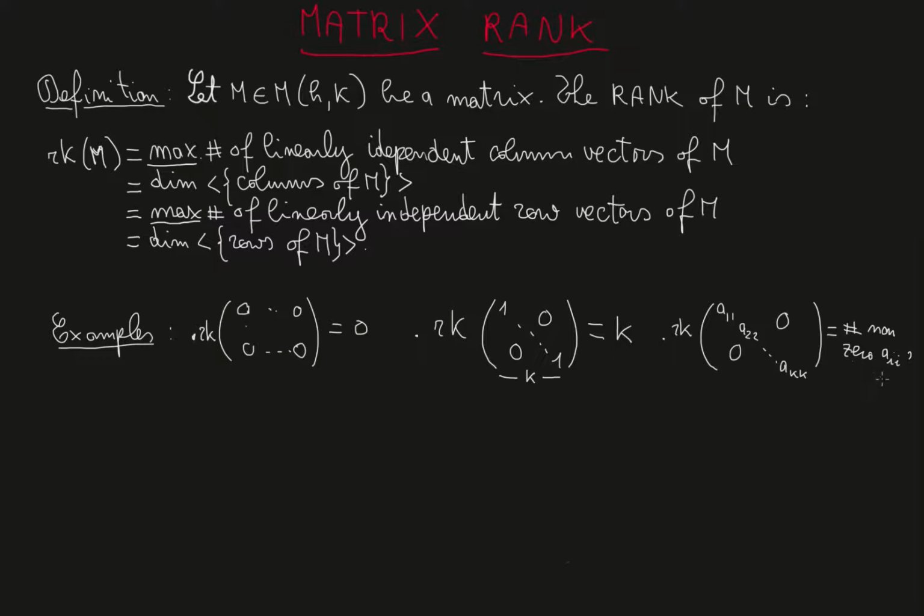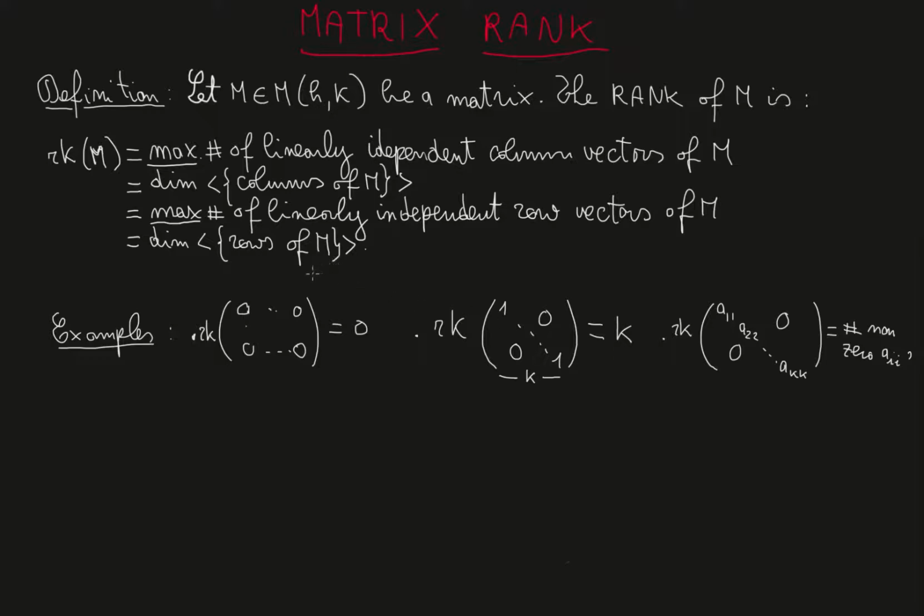Now notice the following very important fact. From the very definition, we see that the rank of a matrix cannot exceed the minimum between h and k. Since it can be defined in terms of column vectors or row vectors of a matrix, it cannot exceed the minimum of these two, where h is the number of row vectors and k is the number of column vectors.